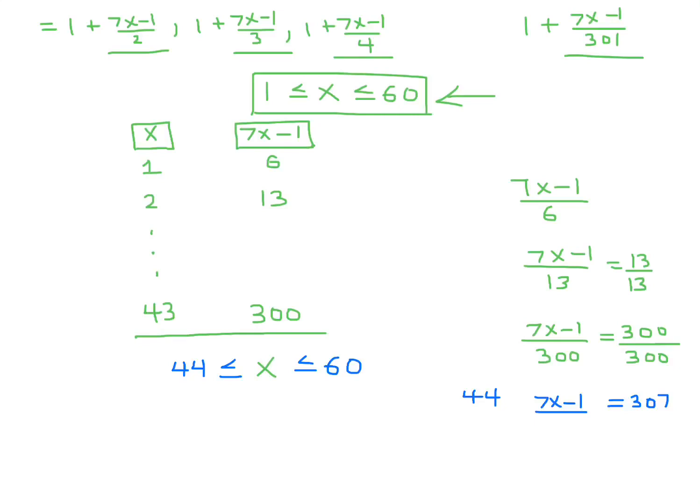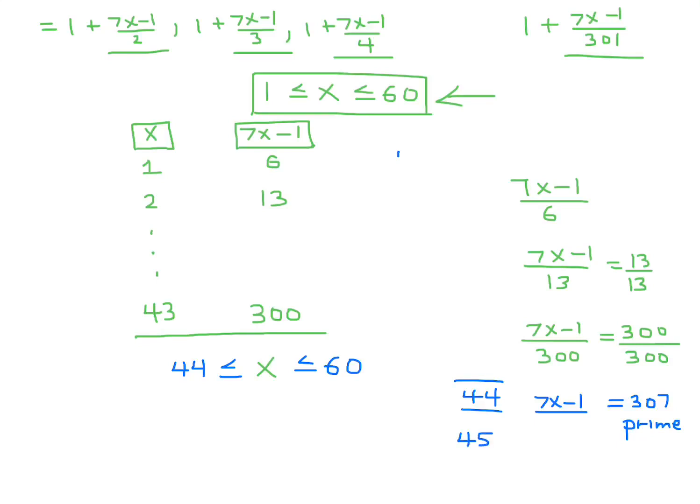So I don't see any problems there, and 307 is a prime number. So 307 is always going to be in lowest terms because there's no factor other than 1 and itself, and we don't have a 1 here. It starts with 2. See what I mean? So 307 is fine. So 44 seems okay.